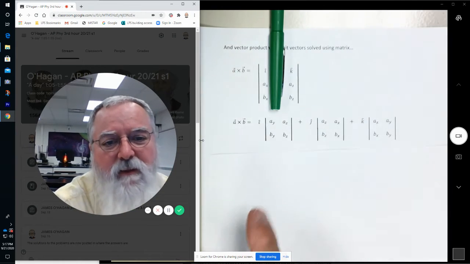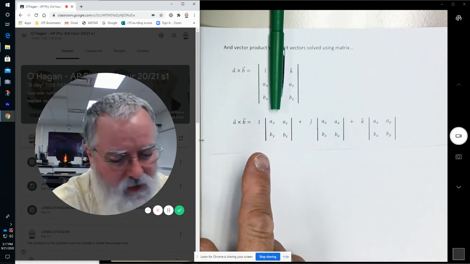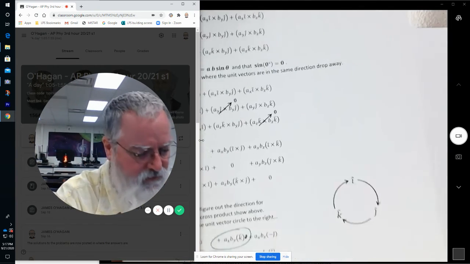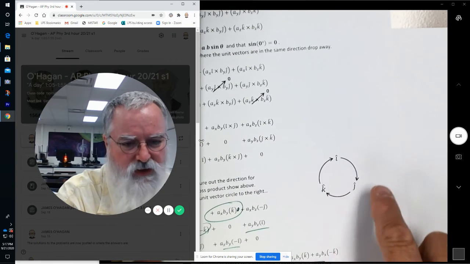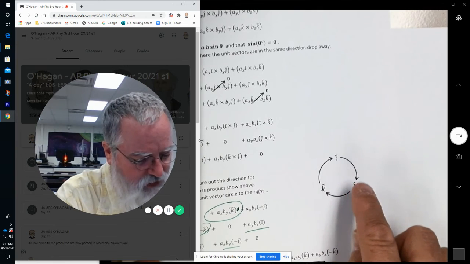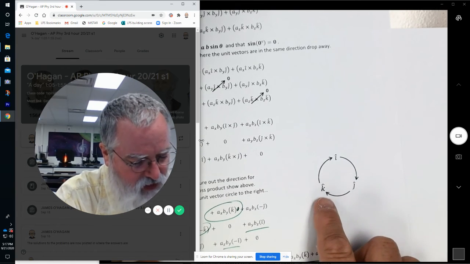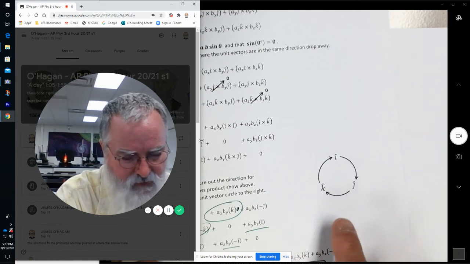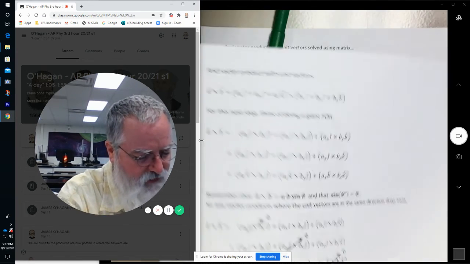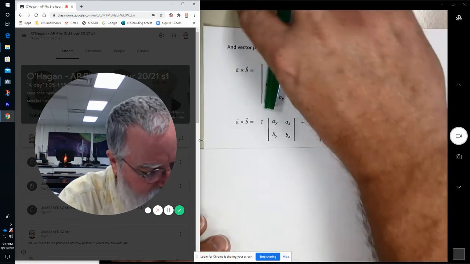Except when I cover it up, it looks all weird. Think about the rotational idea with the unit vectors, where one cross the second one equals the third one. I cross J equals K, J cross K equals I. If you think about it that way, here's what happens.